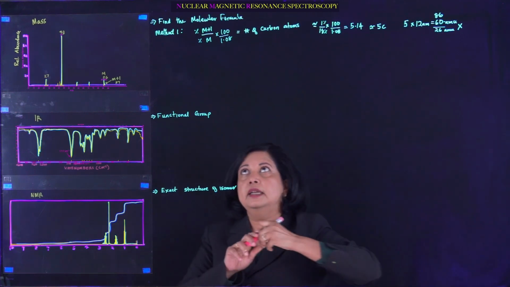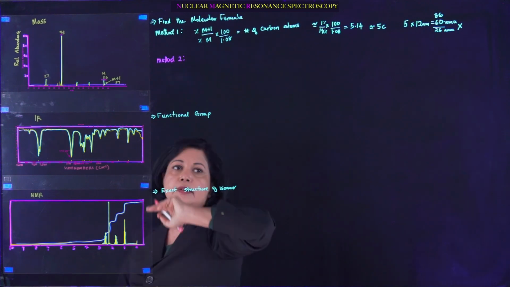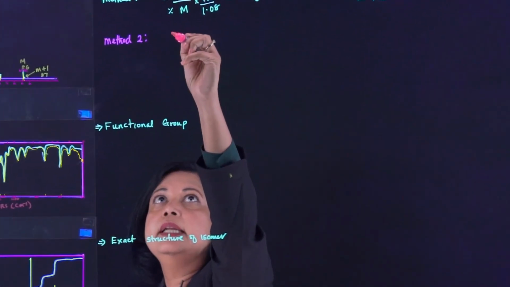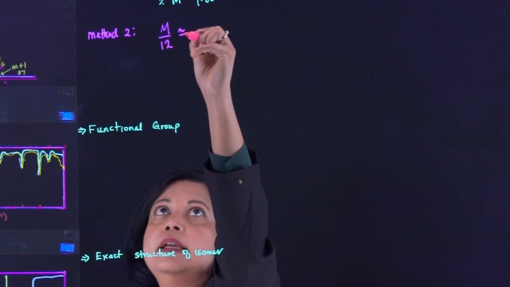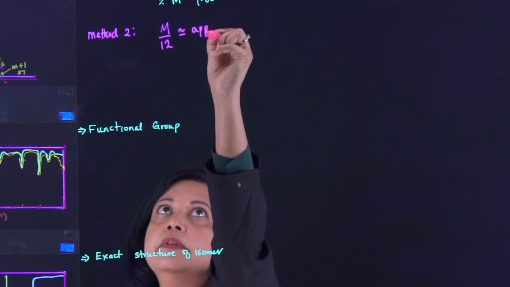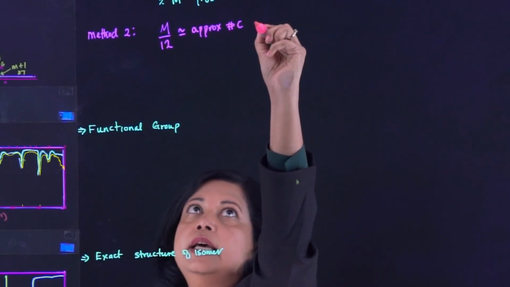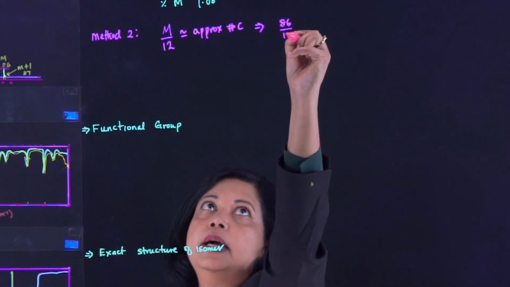The second method is just putting in the number of carbons for 86, the possibility. So this is going to be M divided by 12, which gives us an approximate number of carbons, and we can work from that. So that is going to be 86 divided by 12.